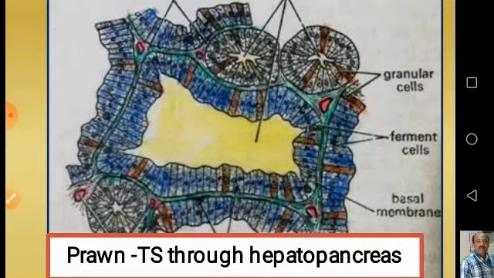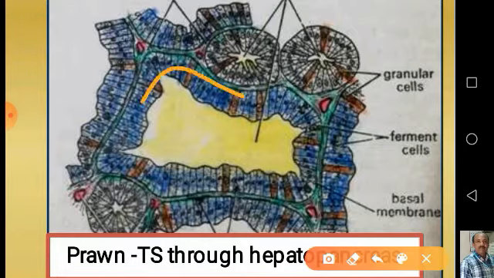All these types of cells are present in these columnar epithelial cells, and these columnar epithelial cells are glandular also. So this is the structure of the hepatopancreas.